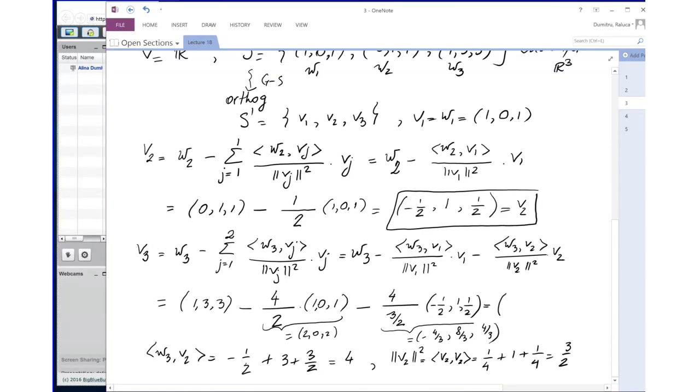So we have 1 minus 2, negative 1, plus 4/3, right? So 1/3. 3 minus 0 is 3, minus 8 over 3 is 1/3. 3 minus 2 is 1, minus 4/3, negative 1/3.